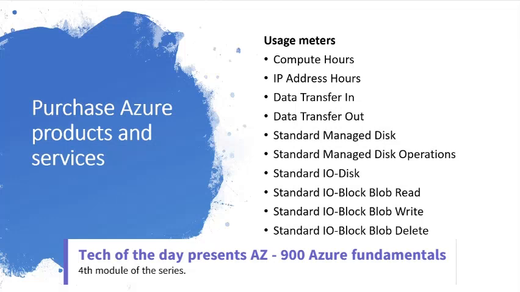And this depends on your usage meter. When you provision an Azure resource, Azure creates one or more meter instances for the resource. The meters track the resource usage and generate a usage record that is used to calculate your bill.